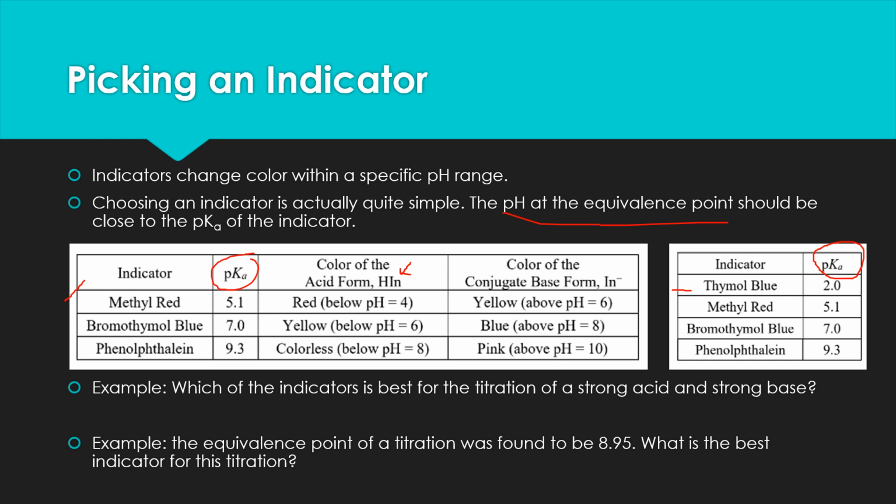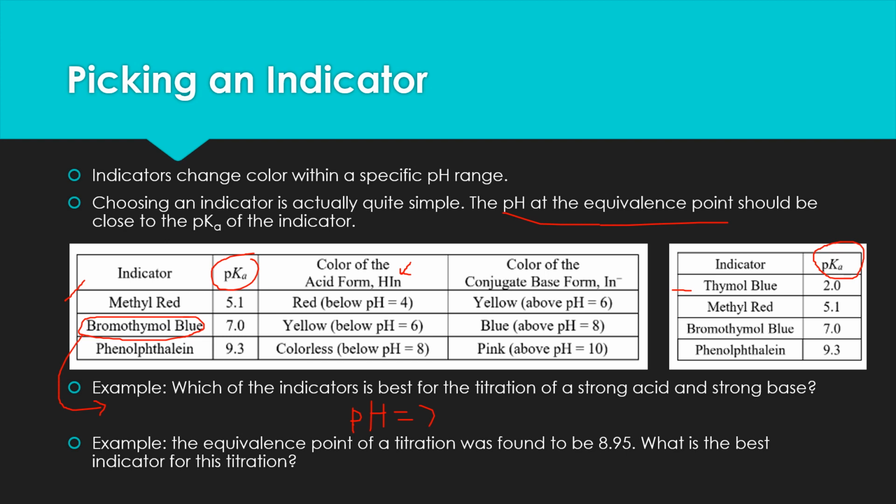So if we have a strong acid and strong base, we should know by now that our pH is going to equal 7 at the equivalence point. So we want to have a pKa around 7. So we would want to use bromothymol blue for our indicator for that reaction. So our pH equals our pKa.